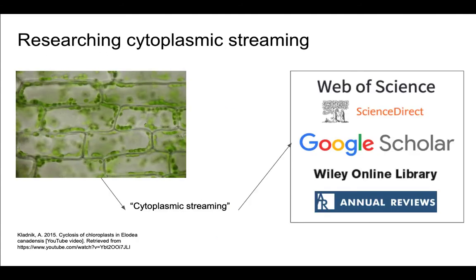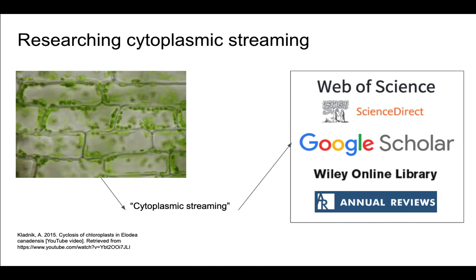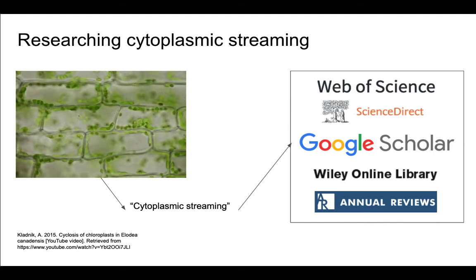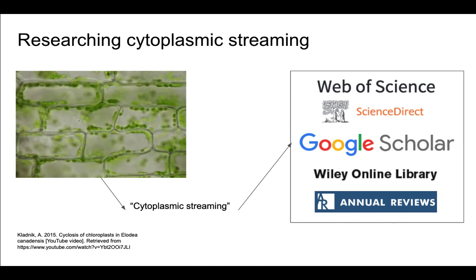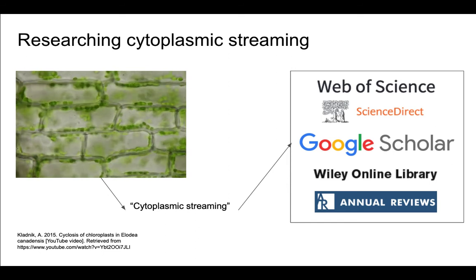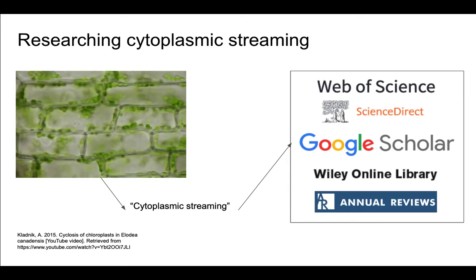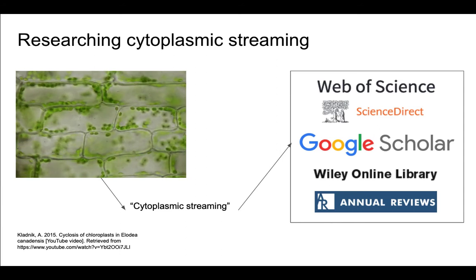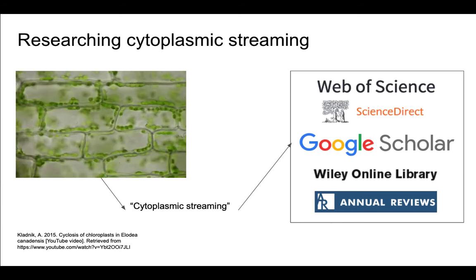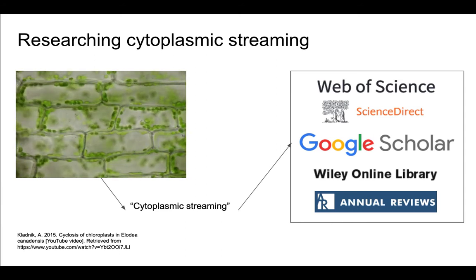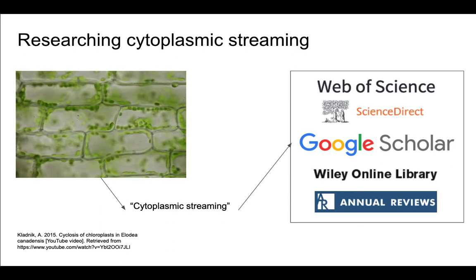So here's an example of a topic you might be researching, a phenomenon called cytoplasmic streaming. You might just simply put those terms into these databases, and then the results that come back will be research articles, primary or secondary sources about that phenomenon.